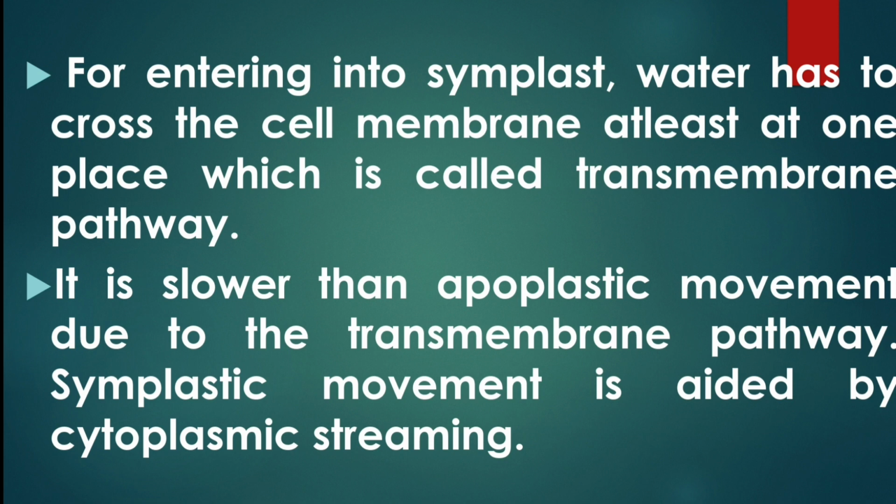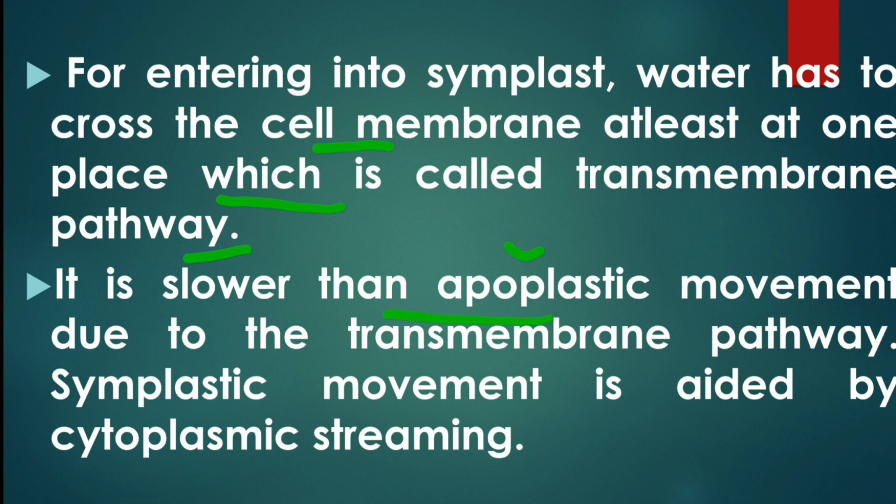For entering into the symplast, water has to cross the cell membrane, because the symplast is the pathway where water is transported through the living part of the cell. So for the symplast pathway, water has to cross the cell membrane at least at one place, which is called the transmembrane pathway.